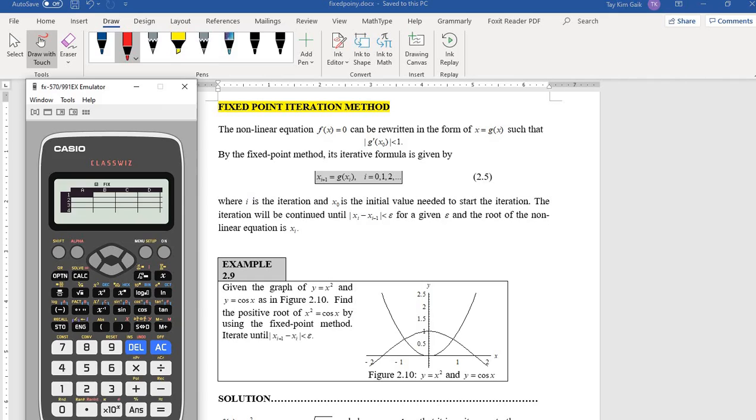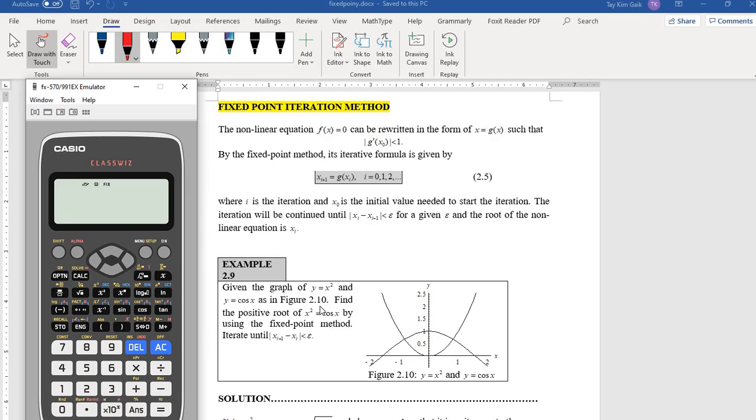Okay, so I'll show you using the calculator. In Menu 1, you can solve the nonlinear equation directly by inputting it into your scientific calculator.